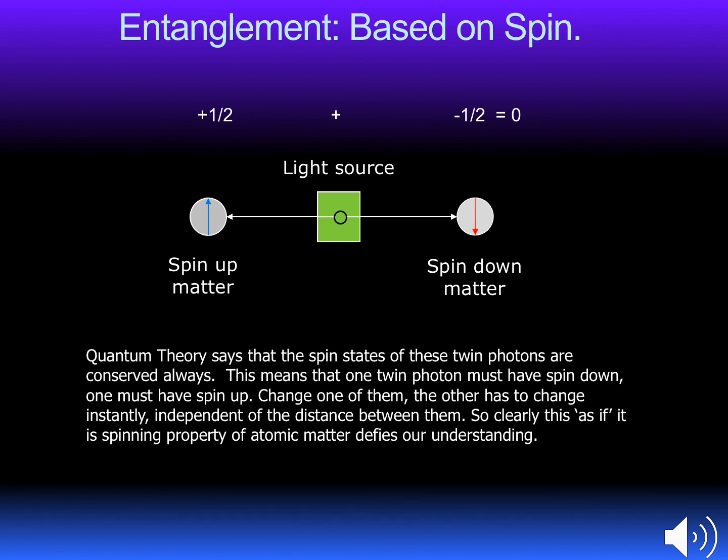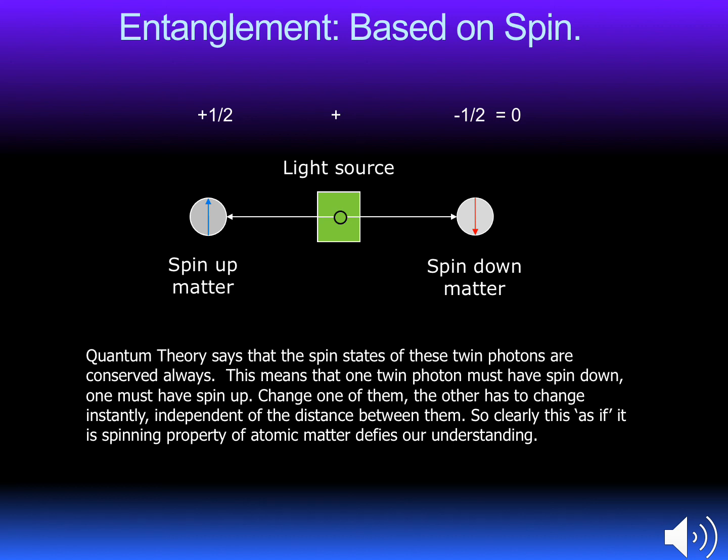As we learned before, even if you have billions of miles between these, if one is changed from spin up to spin down, the other one instantaneously changes from spin down to spin up.